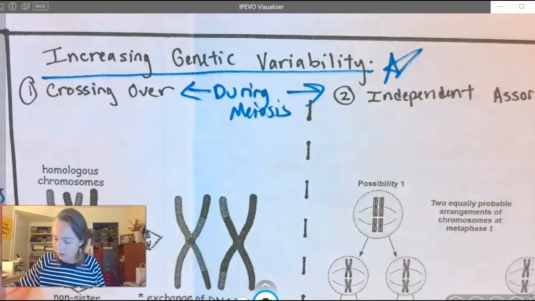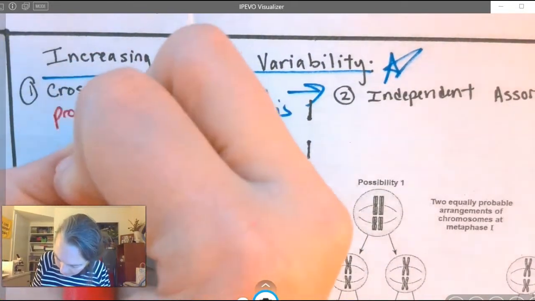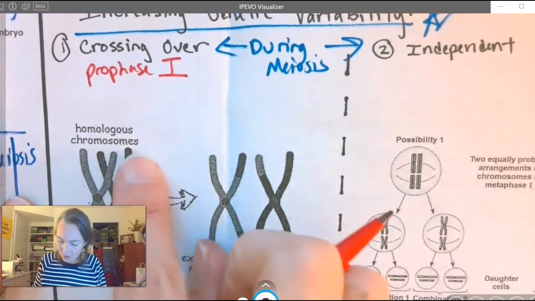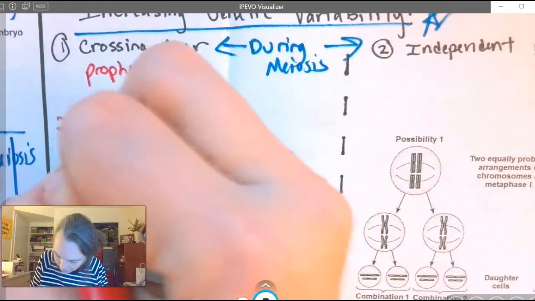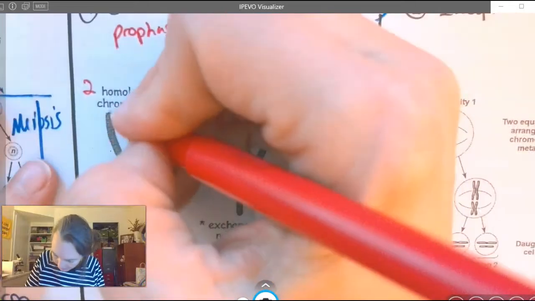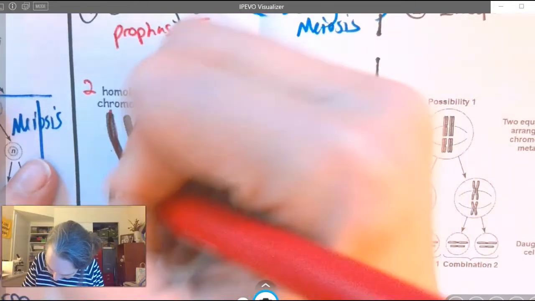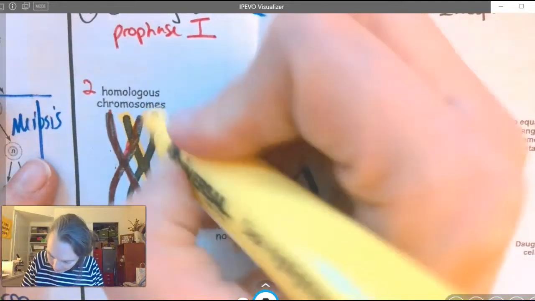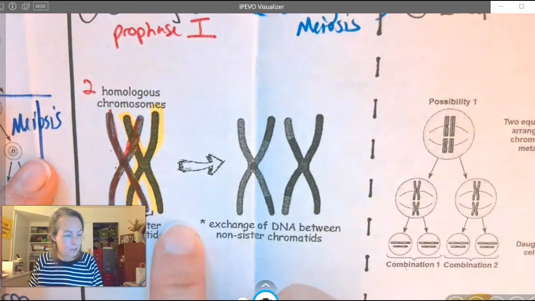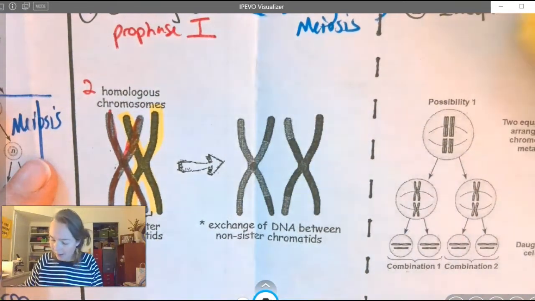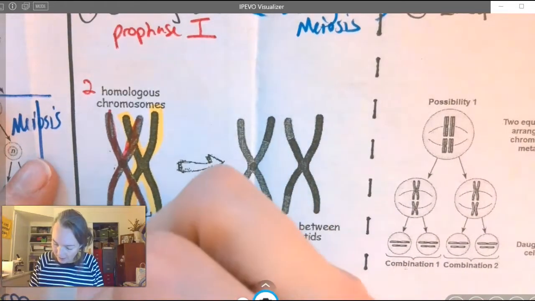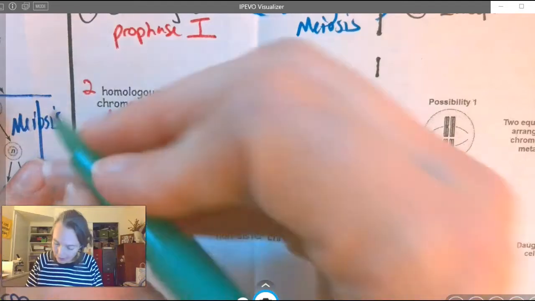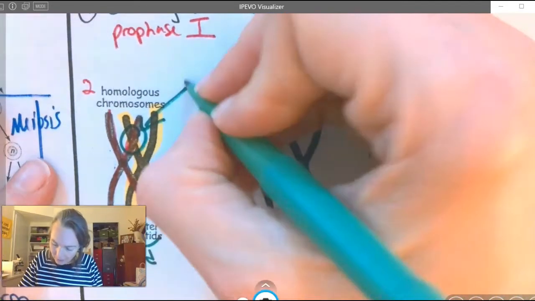Crossing over actually occurs during prophase 1 of meiosis 1. And what happens is these 2 homologous chromosomes, so you have 2 homologous chromosomes here. I'm going to color code 1 in red, and I'm going to try to color code 1 in yellow. These homologous chromosomes line up next to each other, okay? And when they're lined up like this, when there's 4 chromatids together, they're called a tetrad. And what happens is they join together, and it's called synapsis.